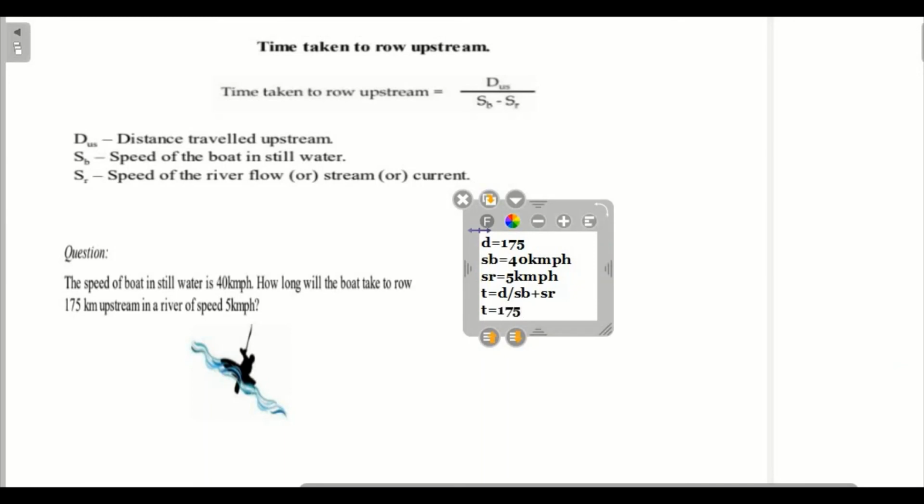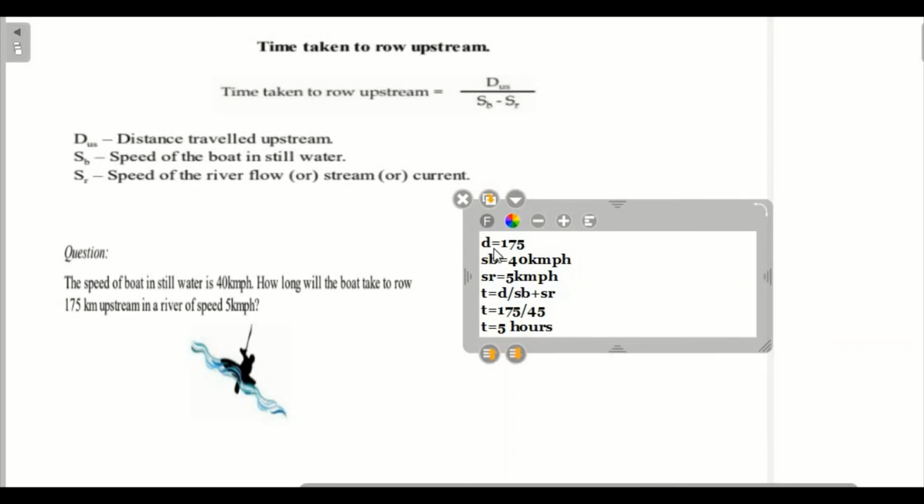It is 175 divided by 40 plus 5, which is 45. So we got our value. For upstream, the T value is equal to 5 hours. Okay, so please check out the formula and it's easier for you to calculate.